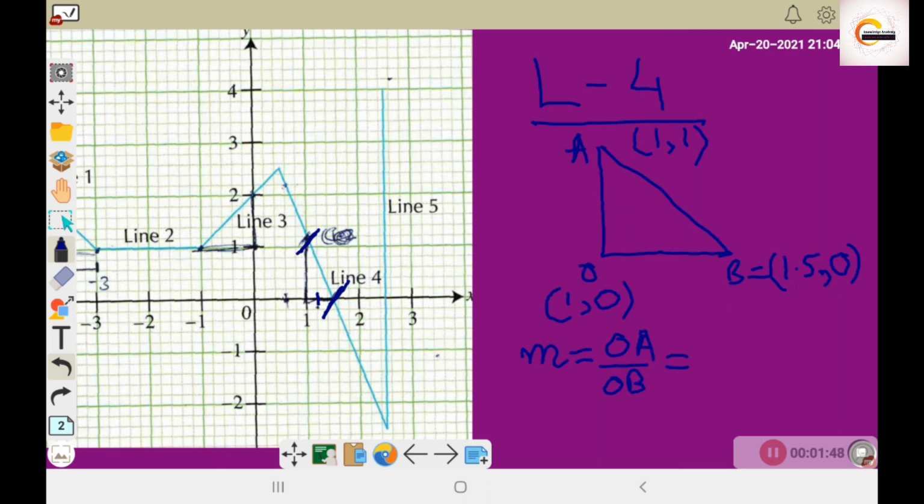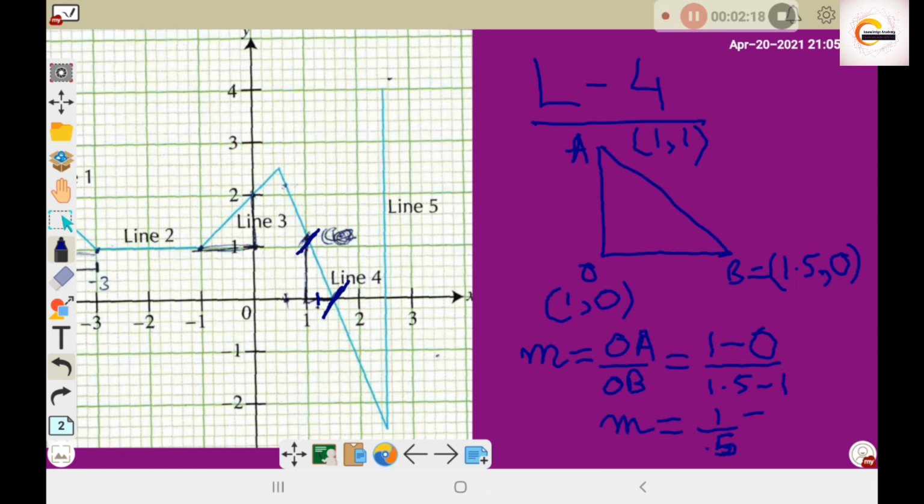OA is equal to 1 minus 0, and OB is going to be 1.5 minus 1. Now 1 upon 0.5, and we know that 0.5 is half. So m is going to be 2.